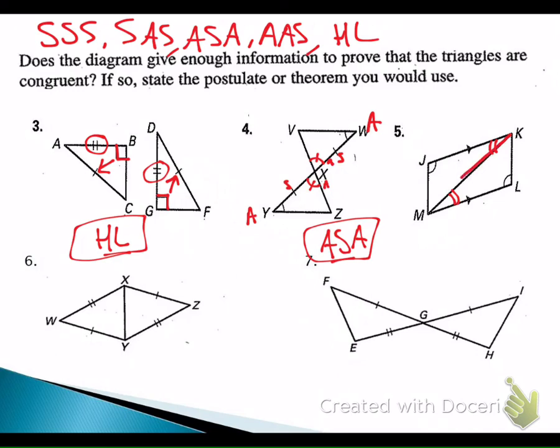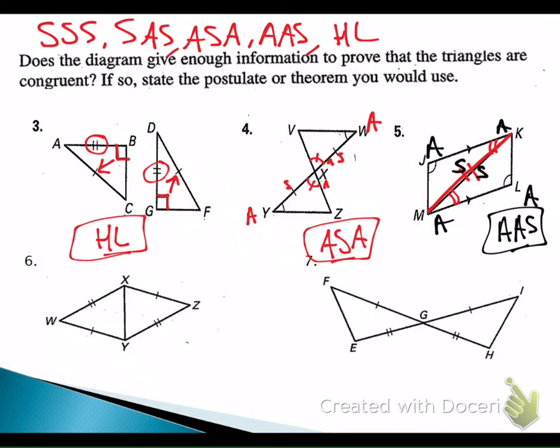However, this segment is in both triangles. So I have these angles, and then these sides. So what am I looking at? The side's not in the middle. Angle, angle, side. Yep, order matters on the angle, angle, side one. So be careful.